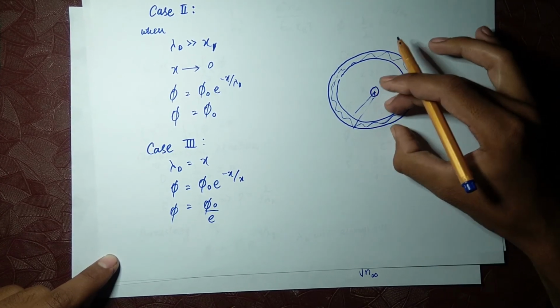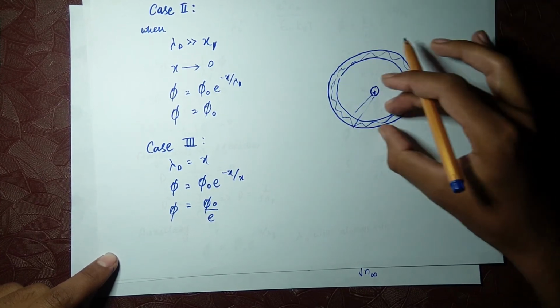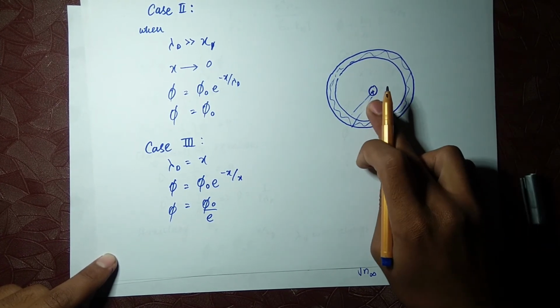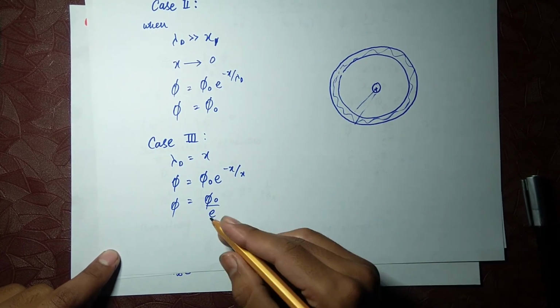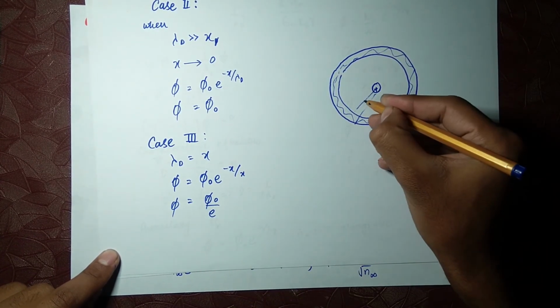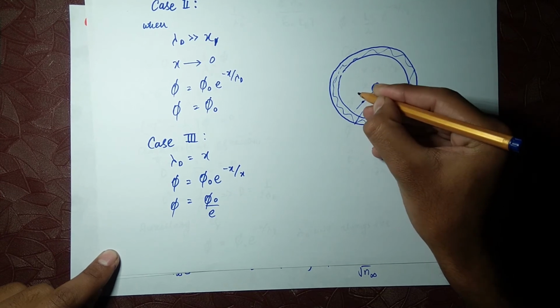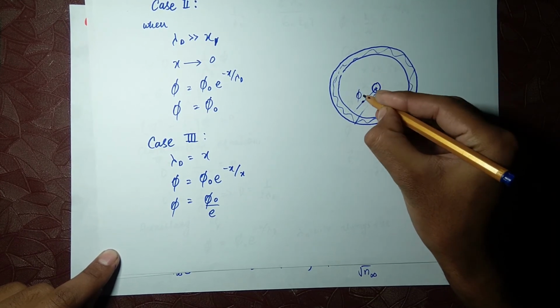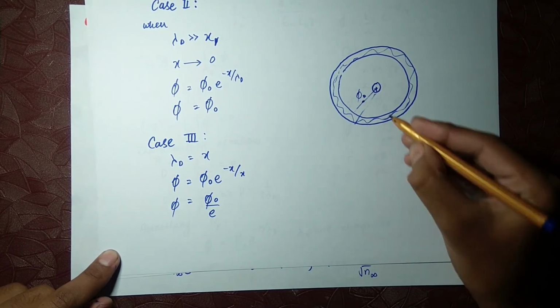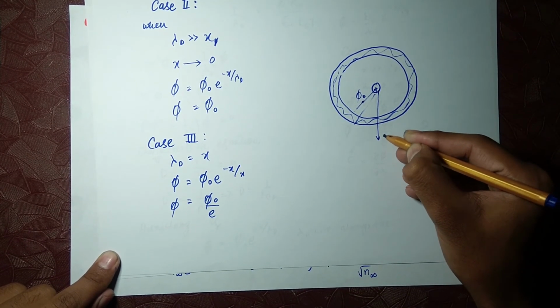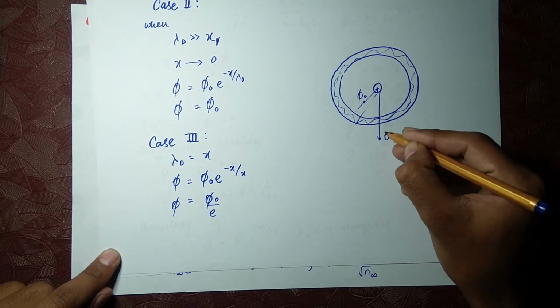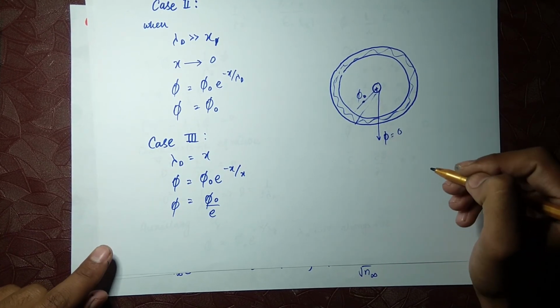This is a strip of clouds which are shielding the effect of this ion. So this equation tells us that when you are inside, you have a Coulomb potential phi naught. When you move outside here, you have phi equal to 0.